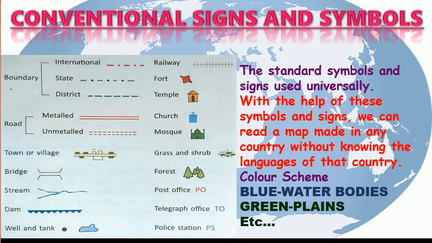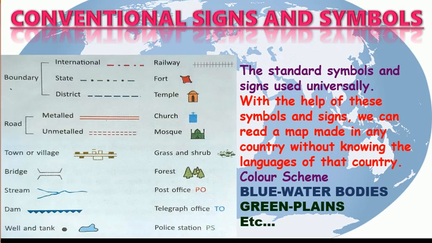Yellow or orange for higher parts like plateaus and hills. Brown color is for showing mountains. Snow-capped areas are shown by using white color. This scheme of colors for showing relief features on maps is the same throughout the world. Okay? And thus these signs and symbols are called conventional signs and symbols.